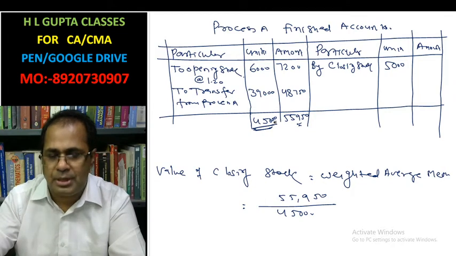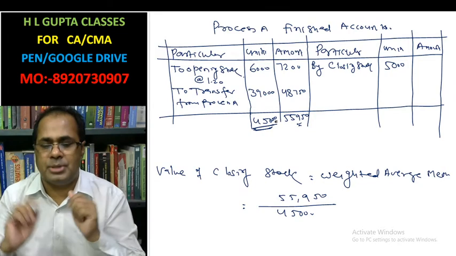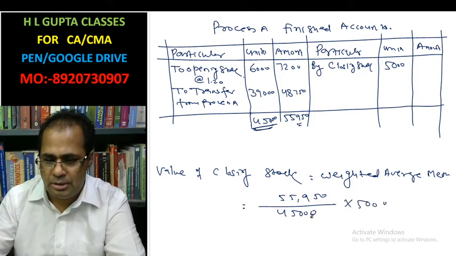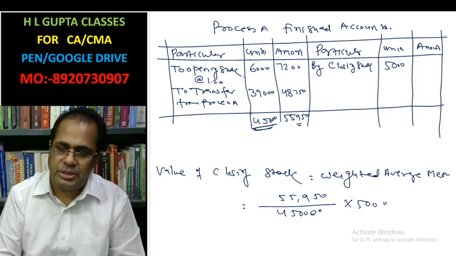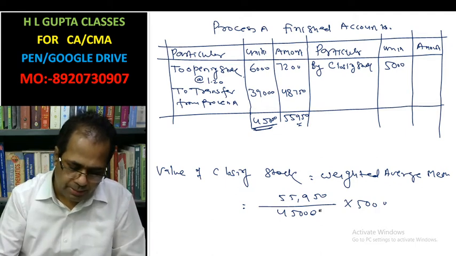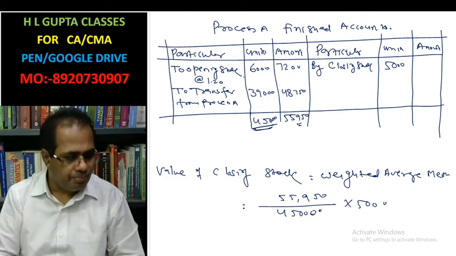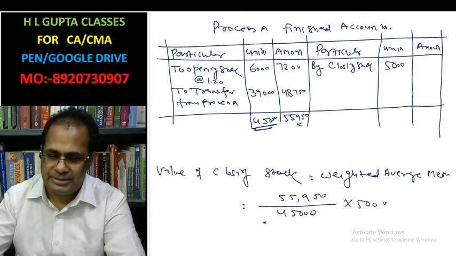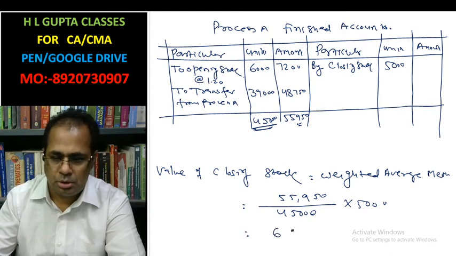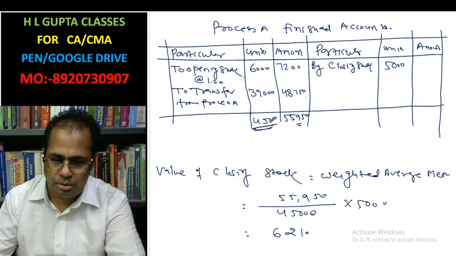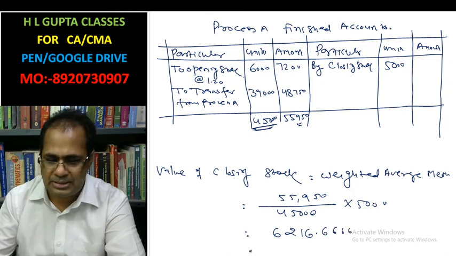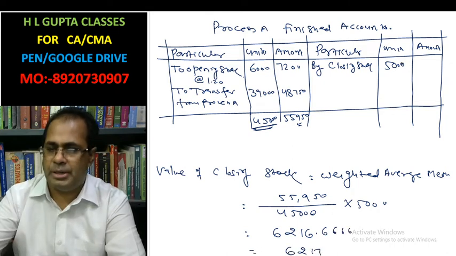Out of this 45,000, closing a stock you have 5,000, and what will be the cost of this 5,000 unit, that is calculated here. 55,950 divided by 45,000 into 5,000, this is 6,216.6666. This can be written 6,217.